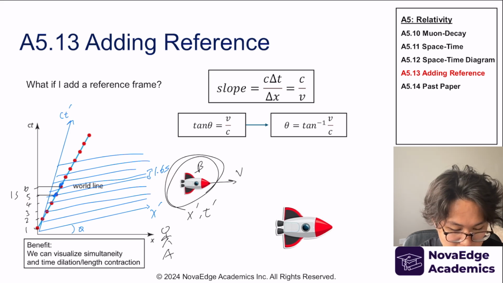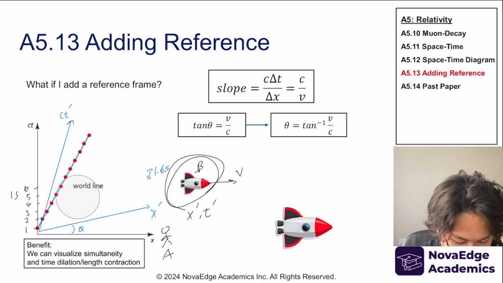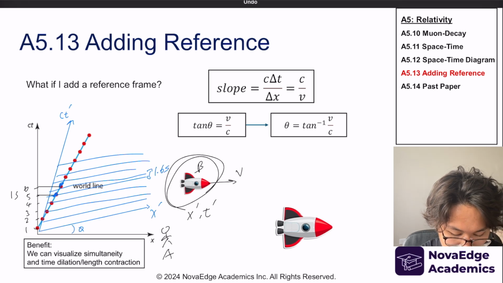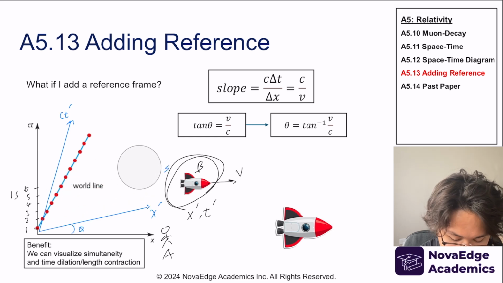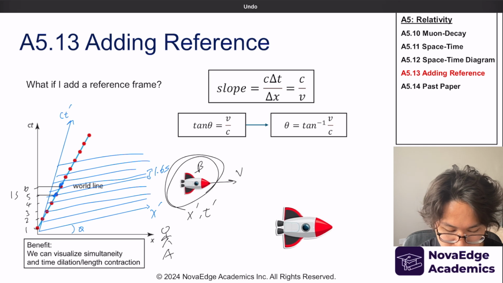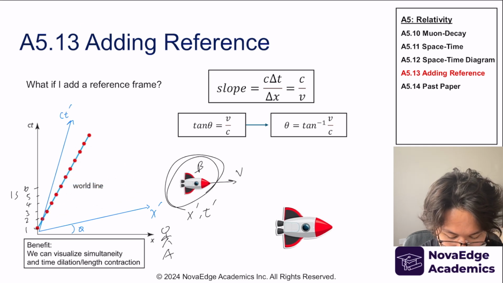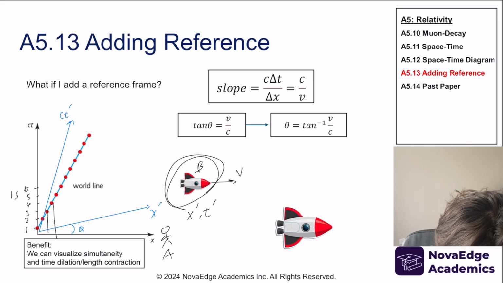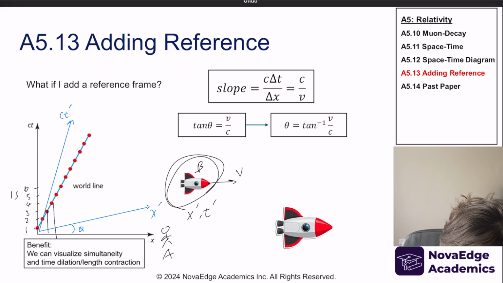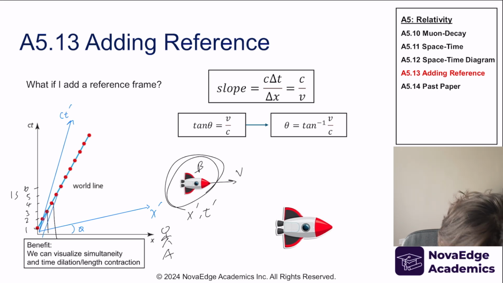Okay, it's the same thing on the other axis as well, where we can see length contraction on the graph. I'm not going to draw it out because it's complicated and messy, but you can probably guess that the length between these two versus these two are not the same, right?